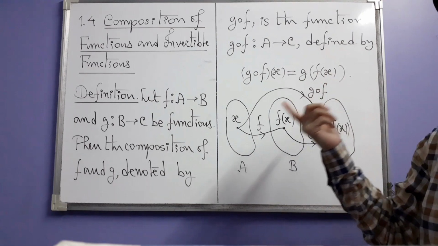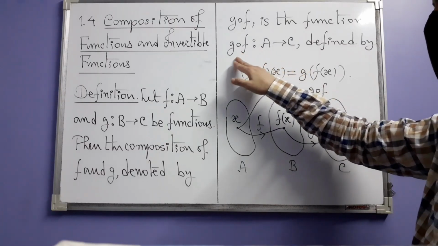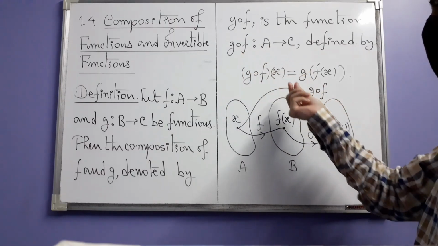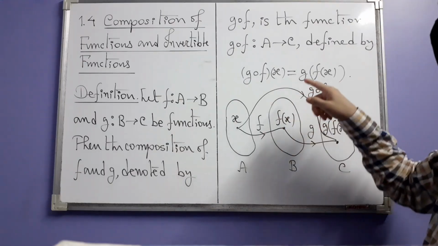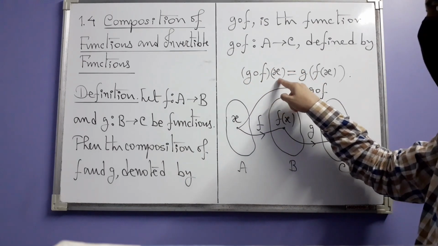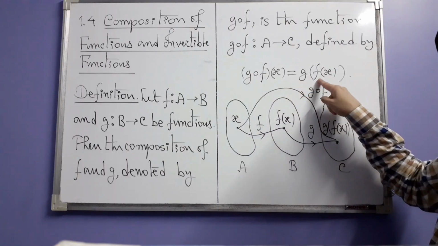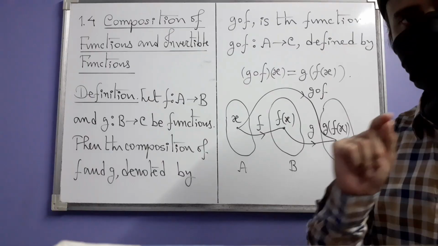Let us see if it makes sense. What we are saying is that the domain of this new function is A. So you choose an input x, which is an element of A. Applying the function g circle f on x means first you calculate f of x. Does it make sense to calculate f of x?